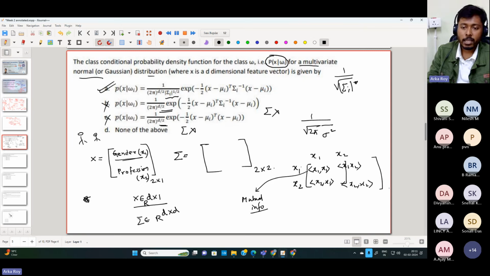The information embedded in each entry is sigma, so it will be sigma square at this location. In the univariate case, the covariance information is only sigma square, so you put this sigma square directly over here.